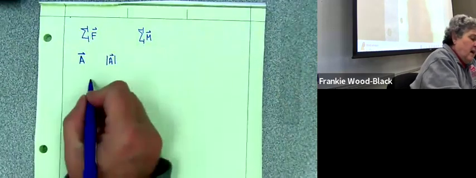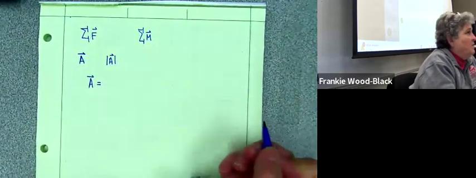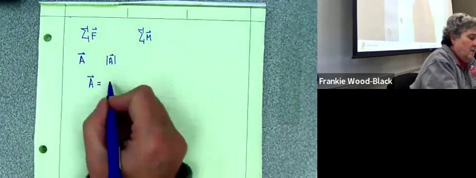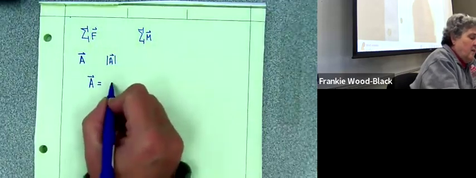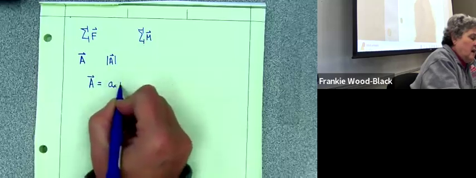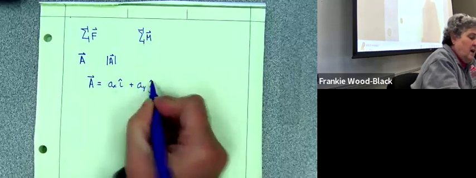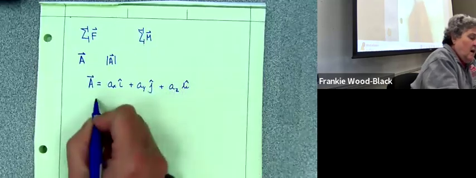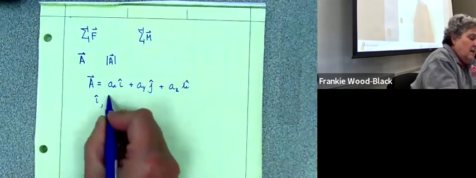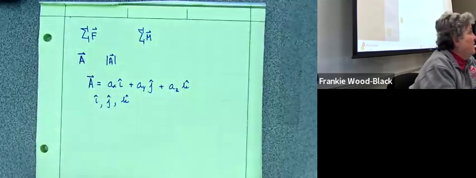And just to remember, if I have a vector A in Cartesian coordinates, we're going to have our Ax in the i plus our Ay in the j plus our Az in the k, where i, j, and k are our unit vectors in their respective dimensions.